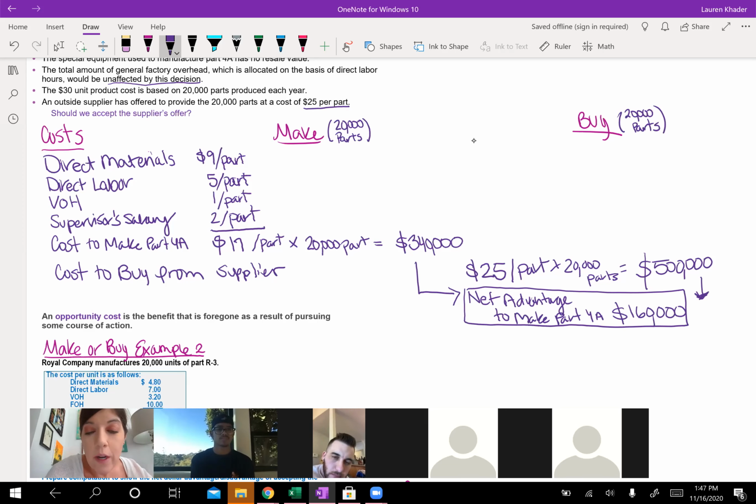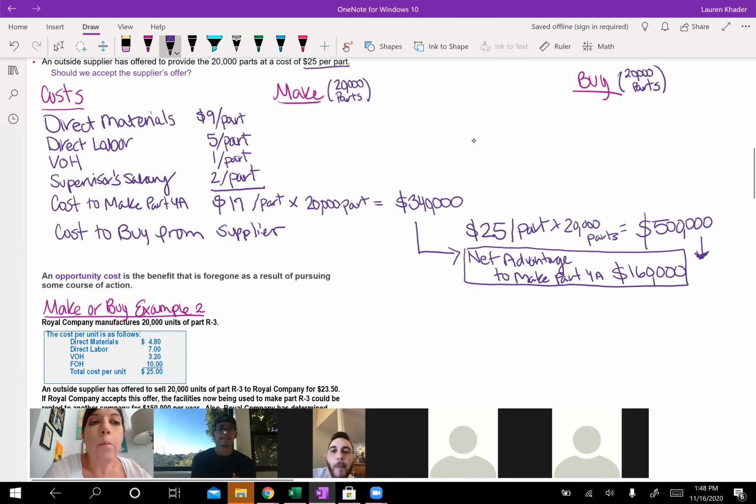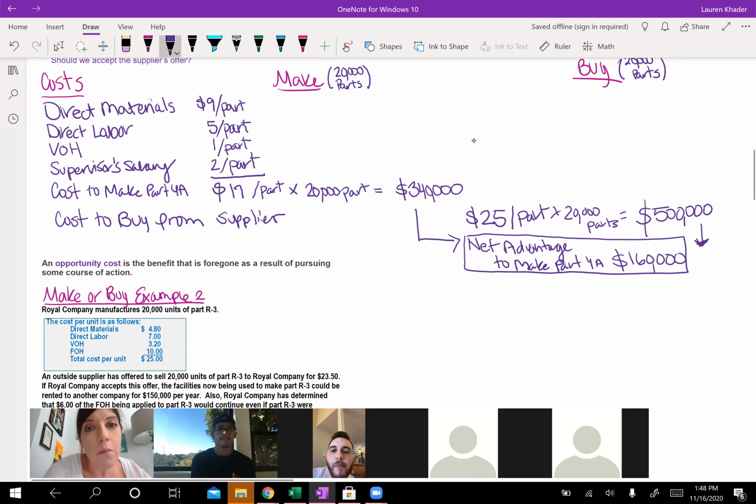So we have to include that as an additional cost on the make side. It's going to increase the cost basis on the make side. So it may be more relevant or more beneficial for a company to buy than to make if there is an opportunity cost involved.